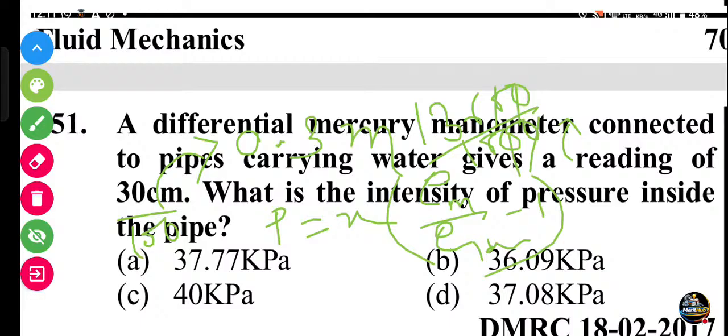So 13.6 minus 1, into 0.3, into 12.6. The last digit is 8, so 13.08 is the answer.